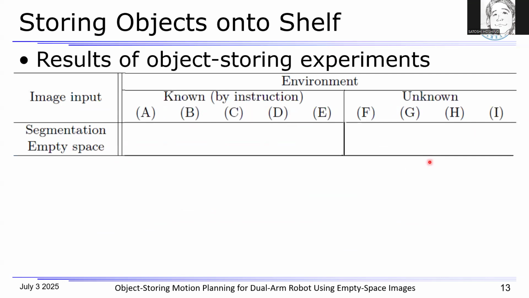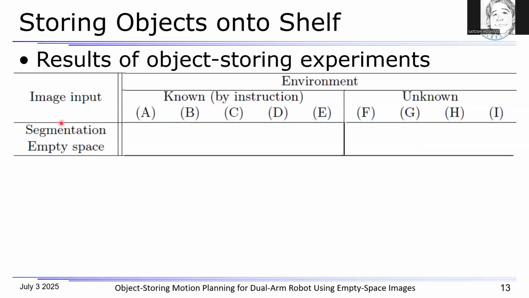Okay, now using the result from the classifier, the object-based motion planners first attempt to store objects into the known environments from A to E. And if the robot completes all the trials, it then stores objects in unknown environments from F to I, where no storing motions were instructed.